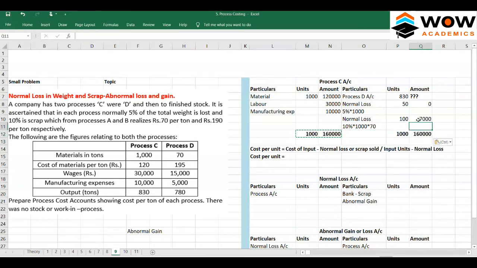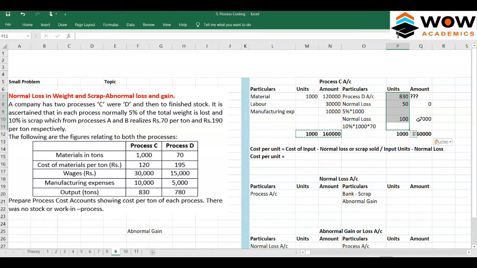Now we have to work out the cost per unit, but let's first check the normal loss, whether it's an abnormal gain or abnormal loss, or nothing like that. The total units come to 980. After normal loss also, only 980 is there.